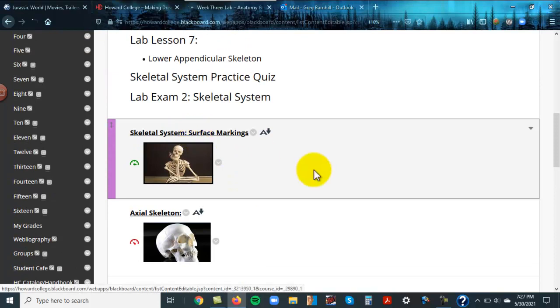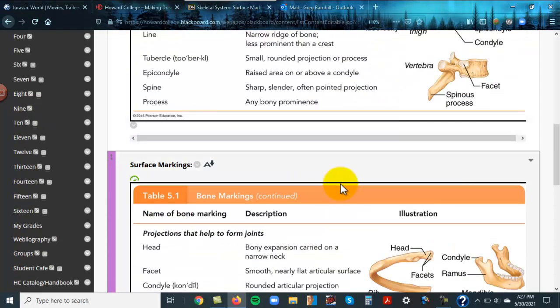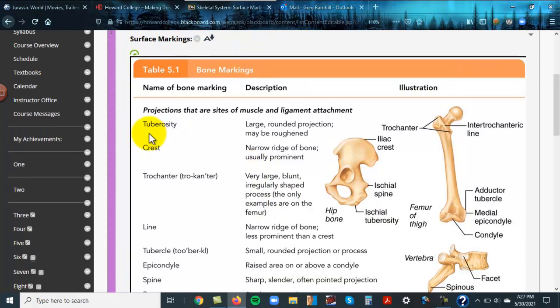Now what this is right here, these are surface markings. These are really not on your exam, but it does help if you'll just read through real quick, like what does trochanter mean, which is basically a large bump. It says they're a very large, blunt, irregular shaped process, a big bump on a bone. Tuberosities are smaller.